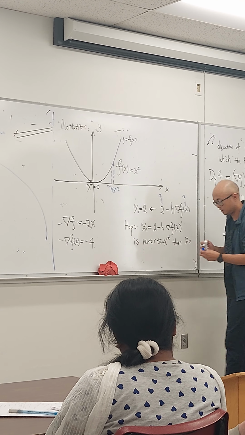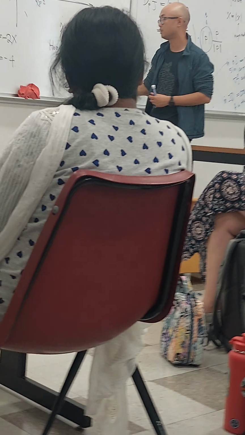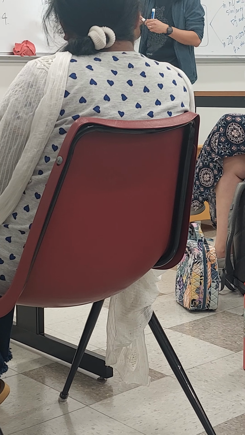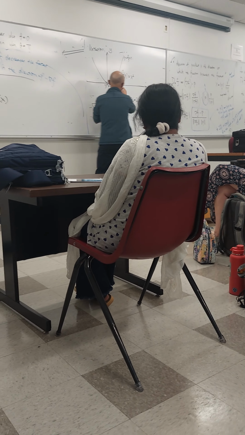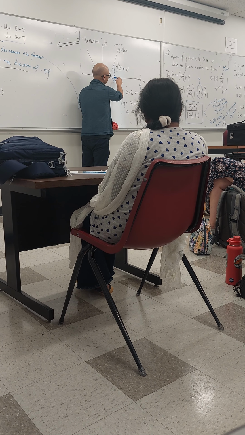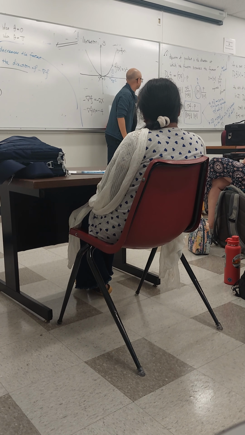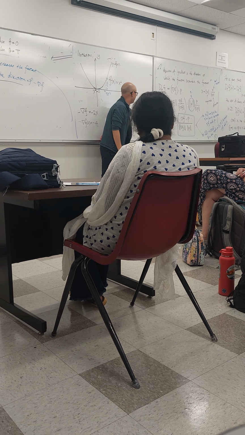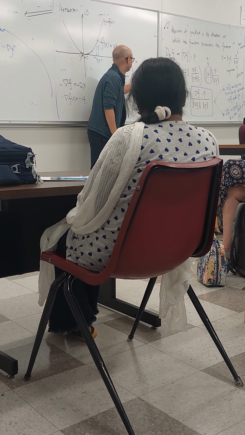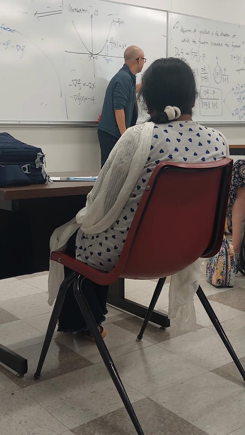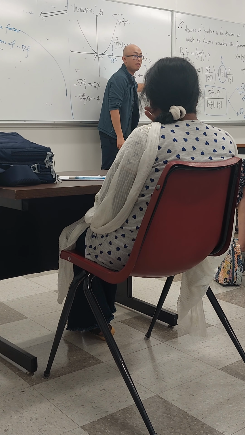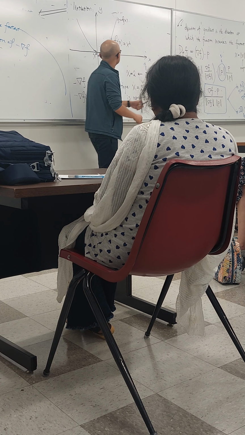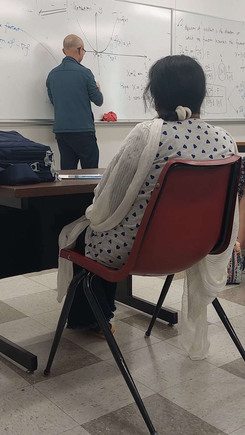However, if we choose our step too big, for example right out here, the gradient is negative 4, right? If we choose h to be 1, our x1 goes here.